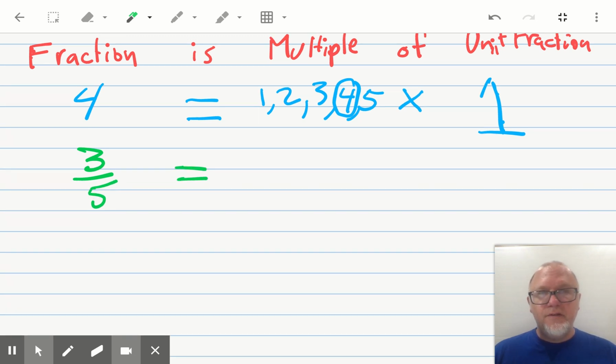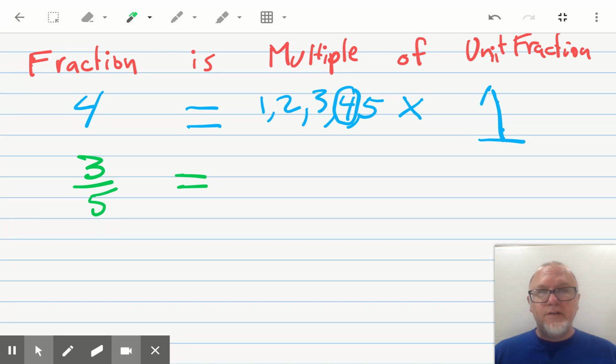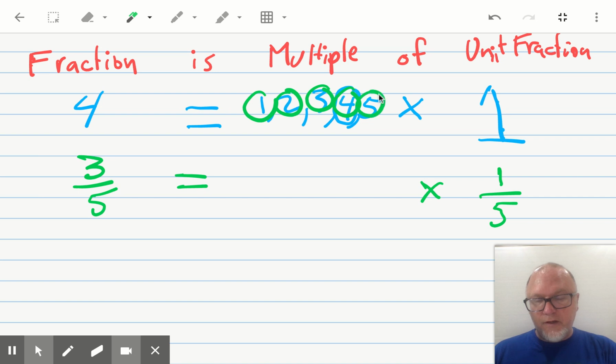That's our big idea today. So this fraction is equal to a multiple of a unit fraction. Unit means 1. 1/5 times, well, is it going to be times 1 or 2 or 3 or 4 or 5 or 6 or whatever? Because that's what multiples are. Well, let's write it out.